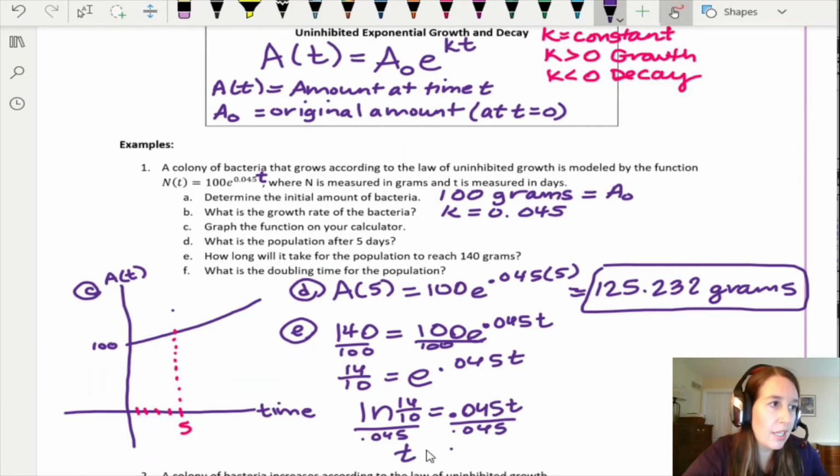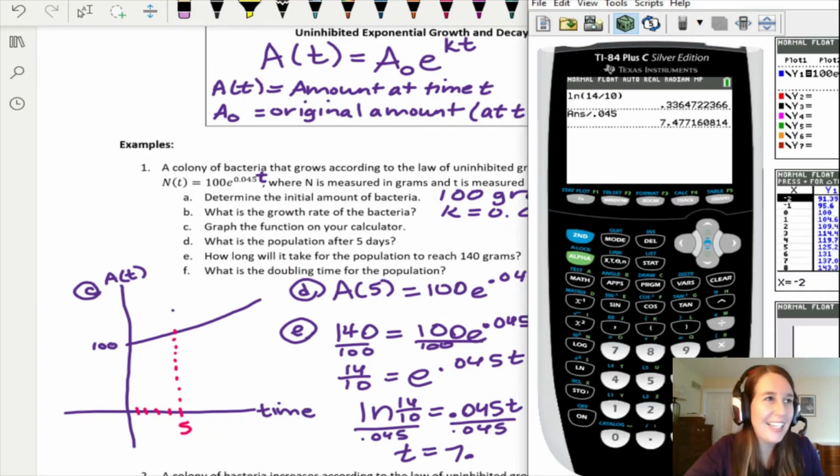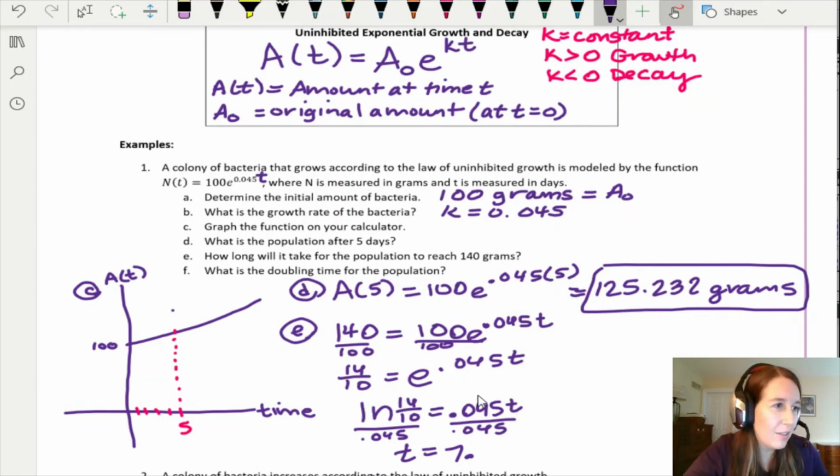So t equals 7. Did I just seriously forget that again? Hold on. 477. I knew I was going to say the wrong thing, so I'm glad I checked. 7.477, and remember, this is the time in days.